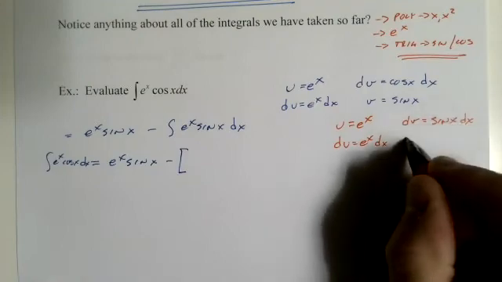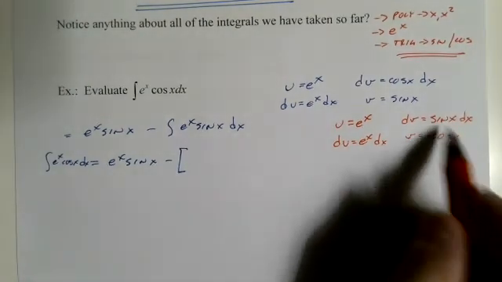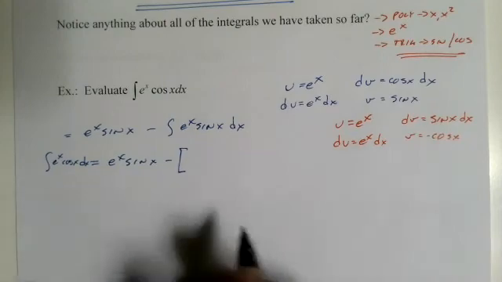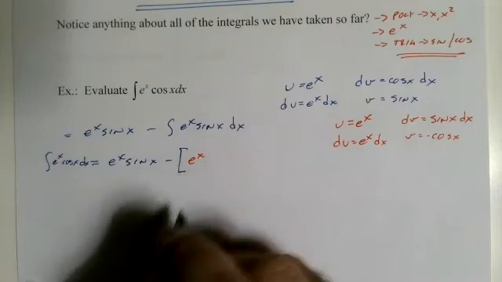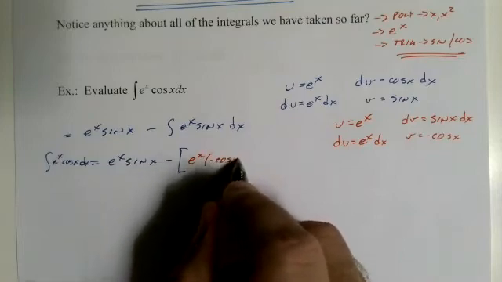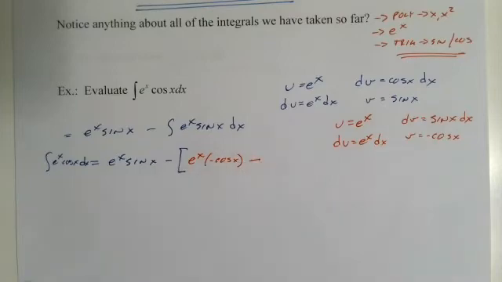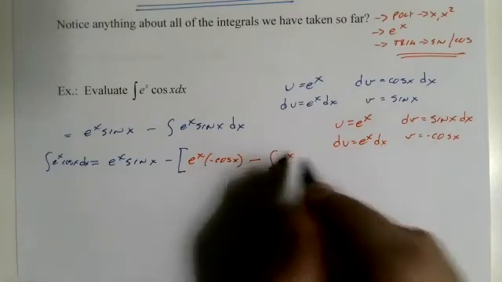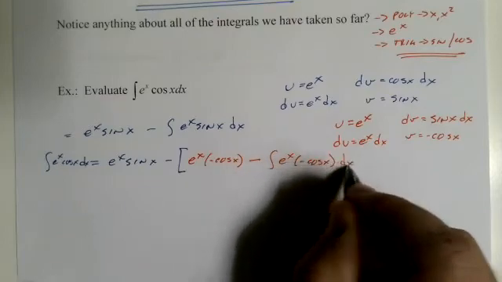I think that'll help me. v equals negative cosine of x. Yeah, that works. Minus e to the x, negative cosine of x. Careful here. Minus e to the x, negative cosine of x dx.